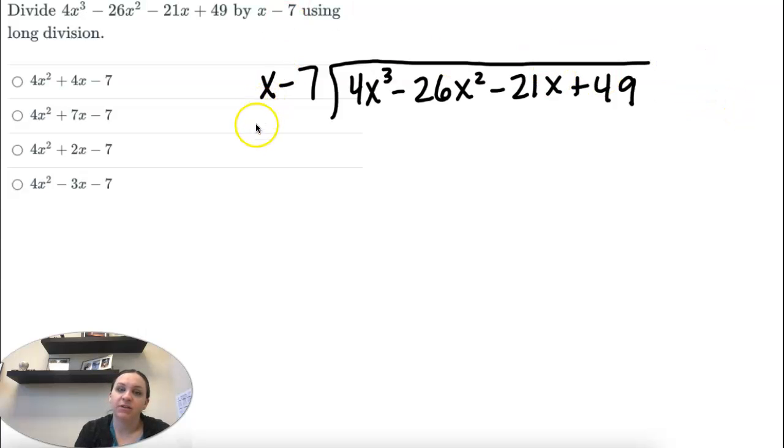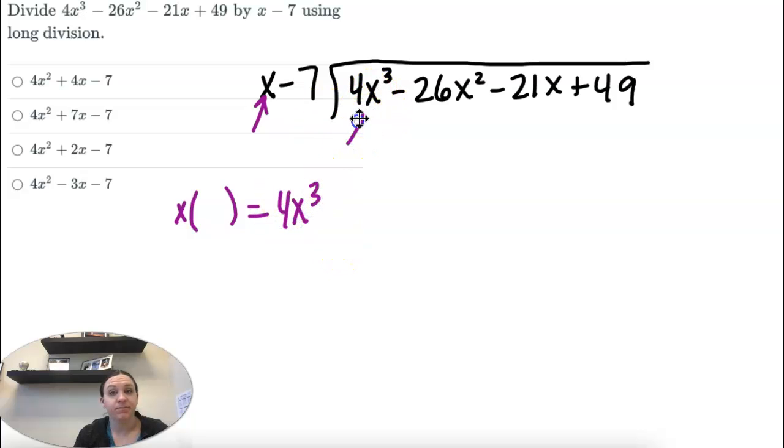Okay, so we're going to focus on the x. X times what? I'm going to move this over. So x times what gives you 4x cubed? That one. And it is 4x squared.